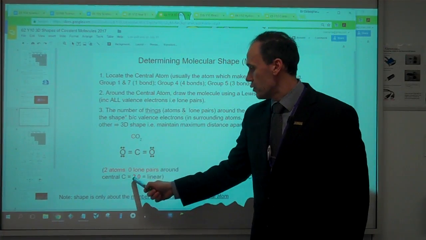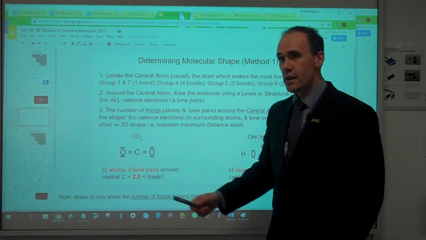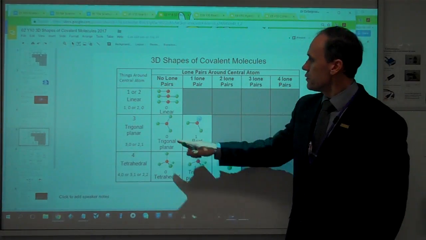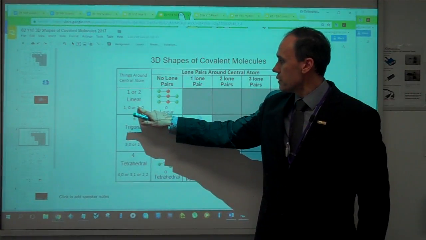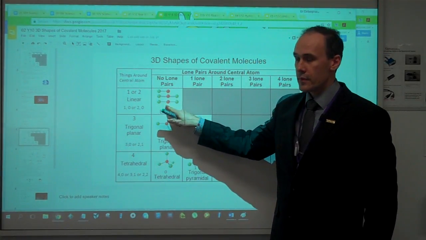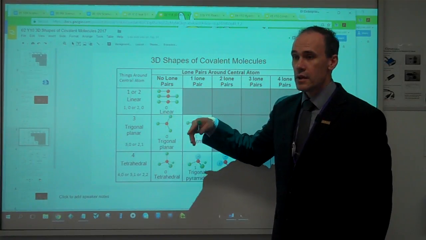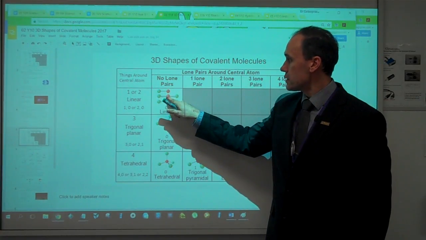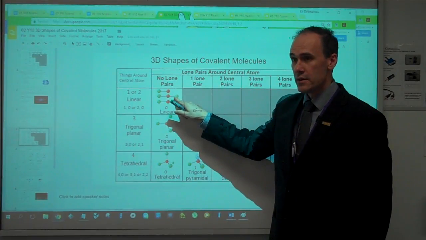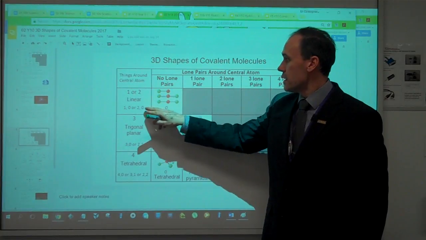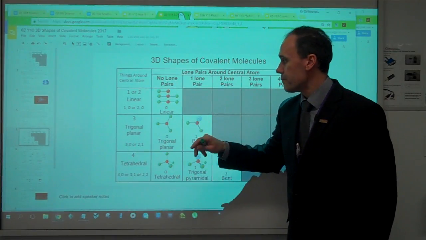So it's got a 2-0 configuration, and 2-0 will give you linear. Double bonds, that doesn't matter. It's still counted as a central atom with two things around it. So it's 2-0, 2 meaning two atoms and 0 lone pairs, linear.